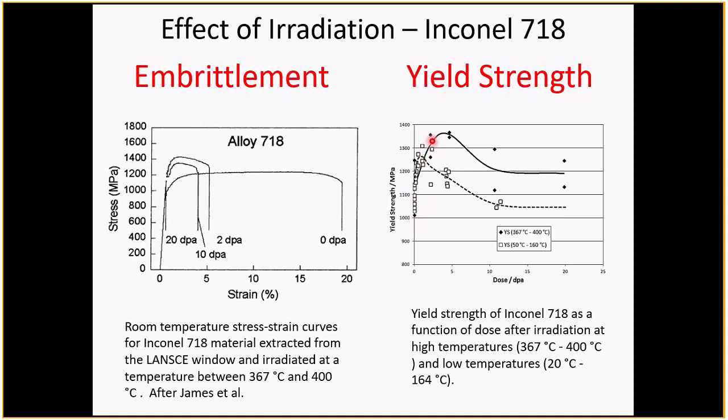You've got some hardening from radiation damage, cluster formation, but you get some softening from disordering, but it's all happening here. And then with extended time, you get some dissolution of the precipitates. And what you'll notice here is that at the lower irradiation temperature, the softening is more prevalent.